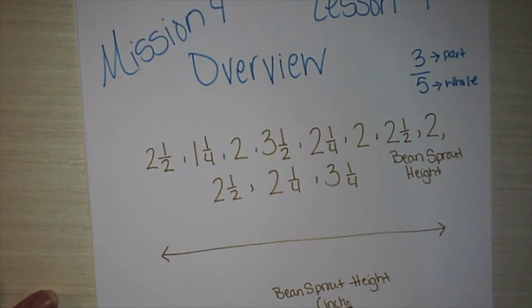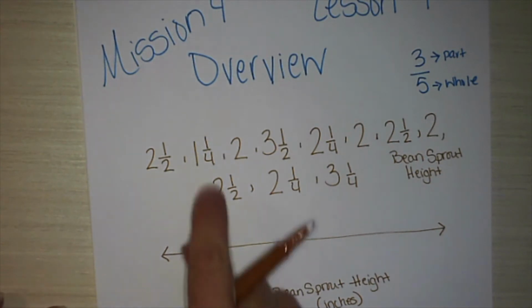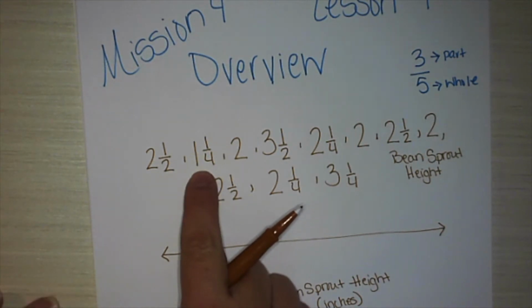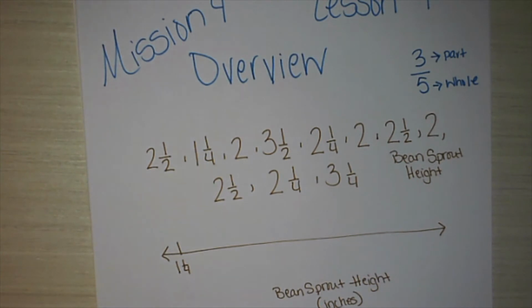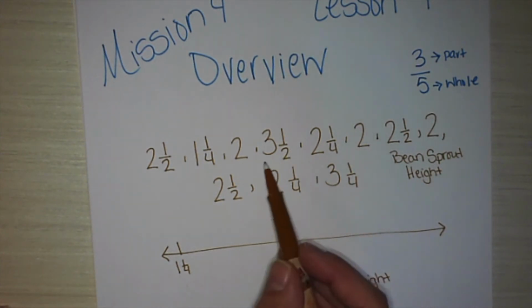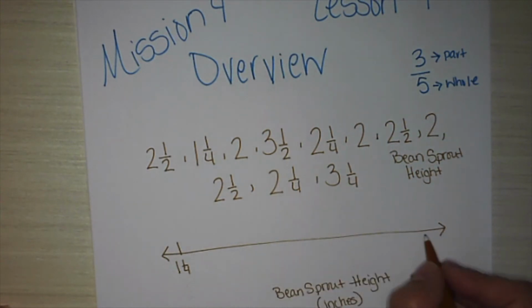The next thing I'm going to do is look at my data, and I'm going to find the smallest piece of data. Here it is, because it's got a 1. So that's going to be my smallest on my line. Then I'm going to find my largest piece of data. It's got to be a 3, so 3 1/2. And I'm going to fill in between.